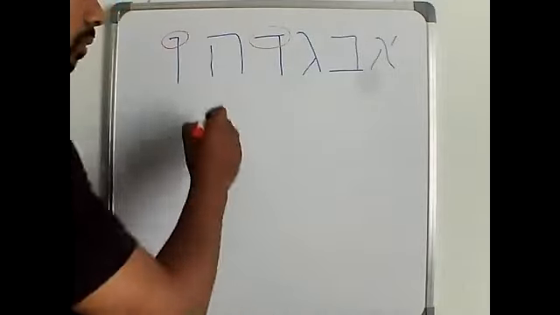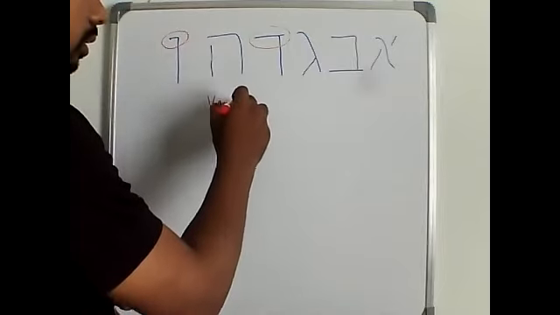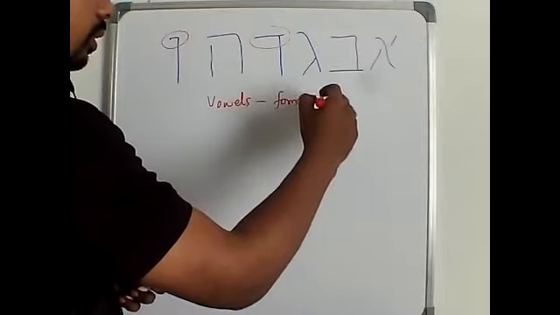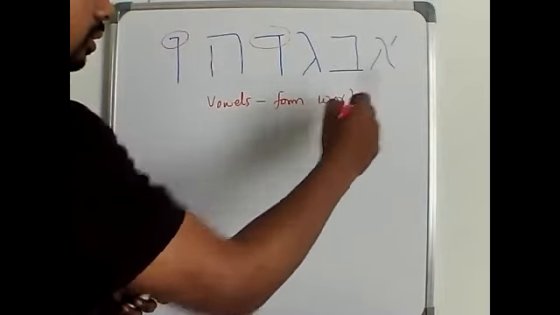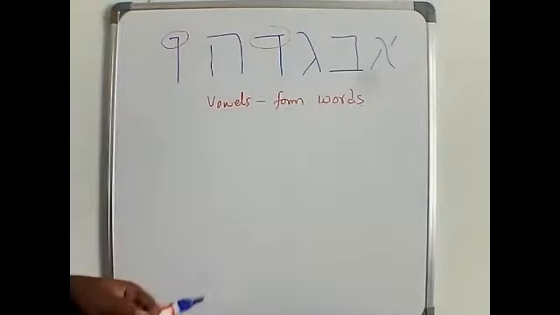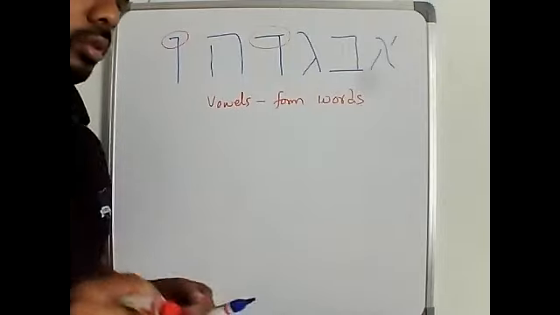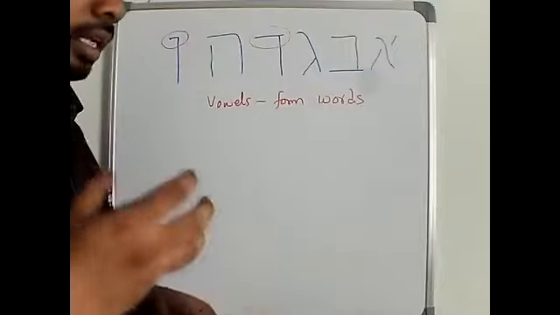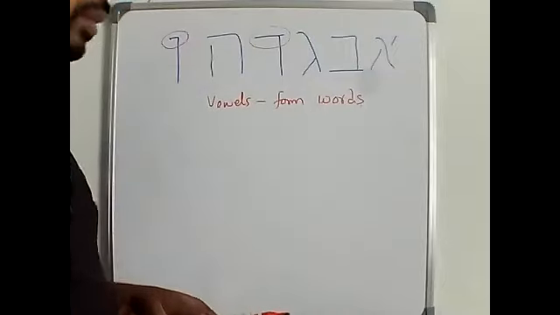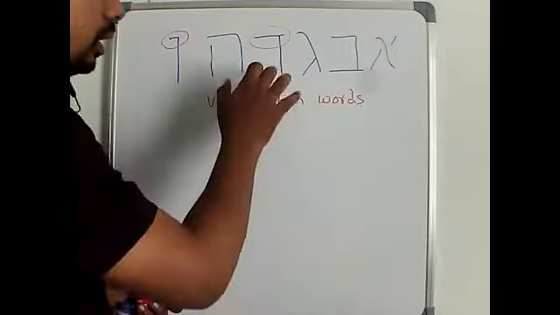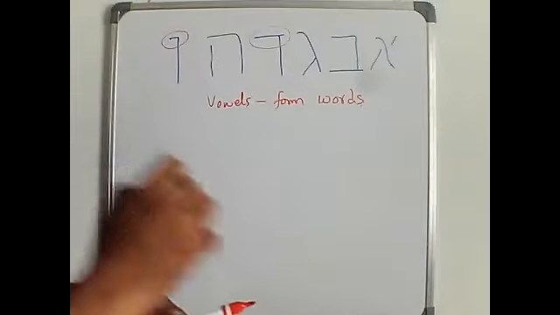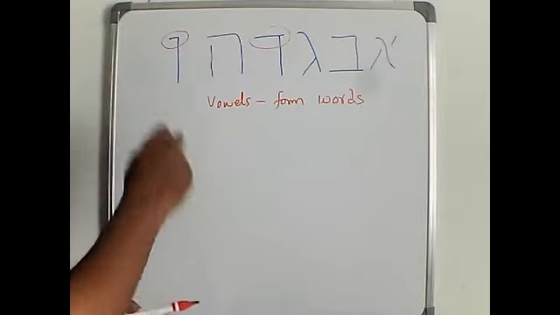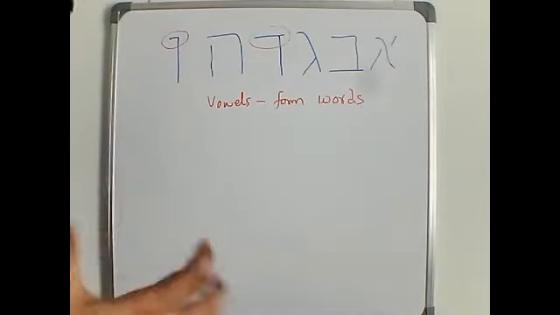Otherwise, they just have their own sound. The Aleph doesn't have any sound. Beit has the ba sound, Gimel has the g sound, Dalet has the d sound, Hey has h, and Vav has va. So these are just sounds.